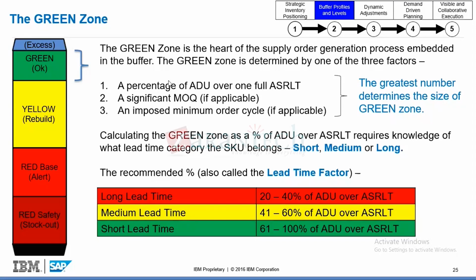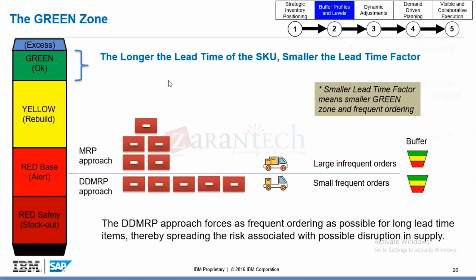Average daily usage is also called a lead time factor. The longer the lead time of the SKU, the smaller the lead time factor. And a smaller lead time factor means a smaller green zone and frequent ordering.